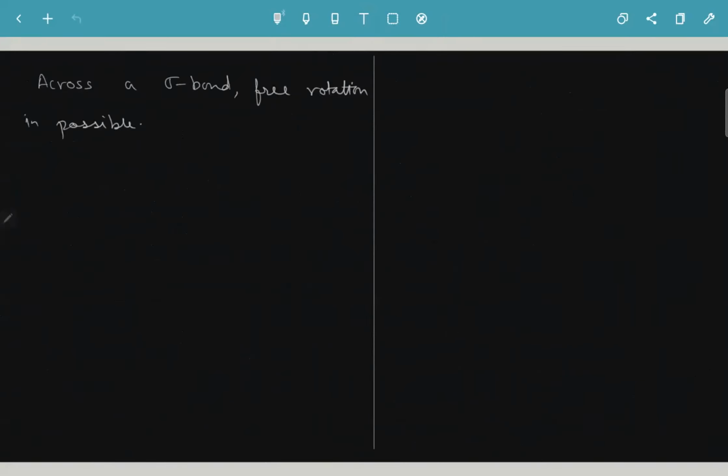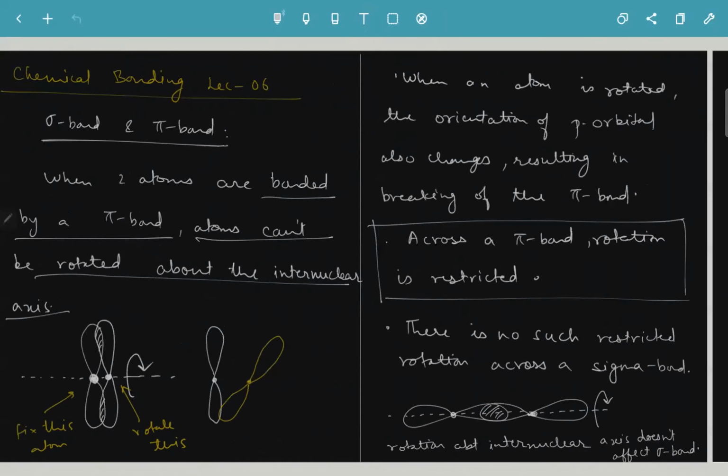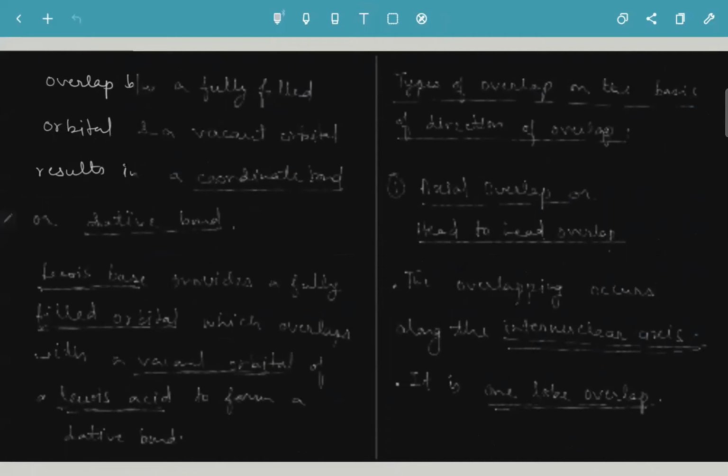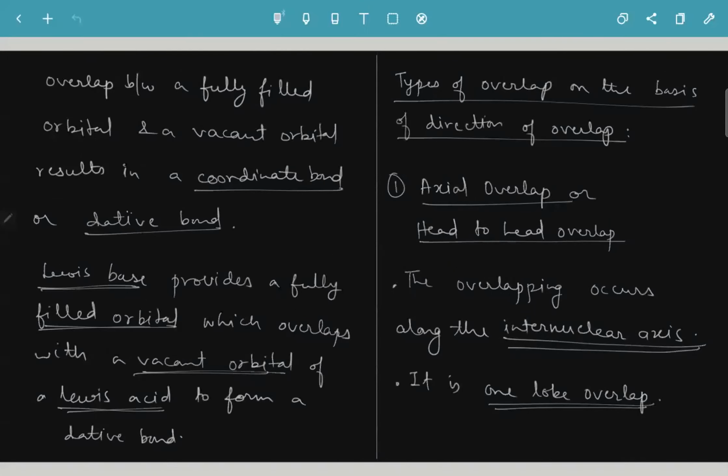Across a sigma bond, free rotation is possible. We were talking about types of overlap, and types of overlap on the basis of direction of overlap we have done.